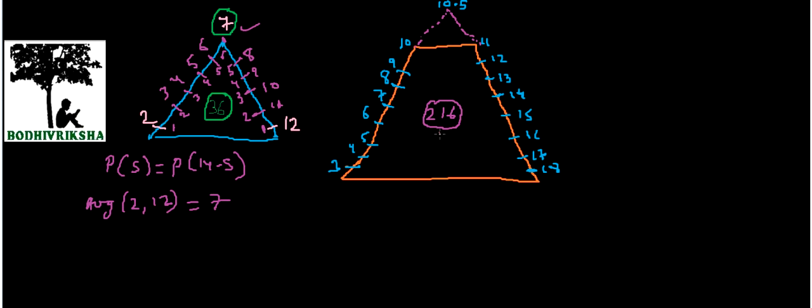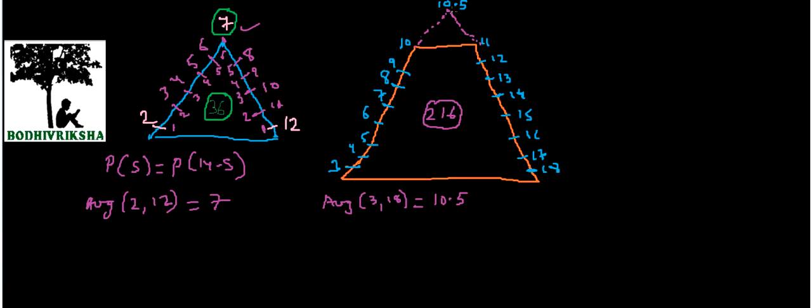We also know that there are 216, which is the same as 6 cube, total number of ways when we roll 3 dice. So what's the average of the extreme sums? The average of the extreme sums, which are 3 and 18, comes out to be 10.5, which surprisingly is not a natural number.